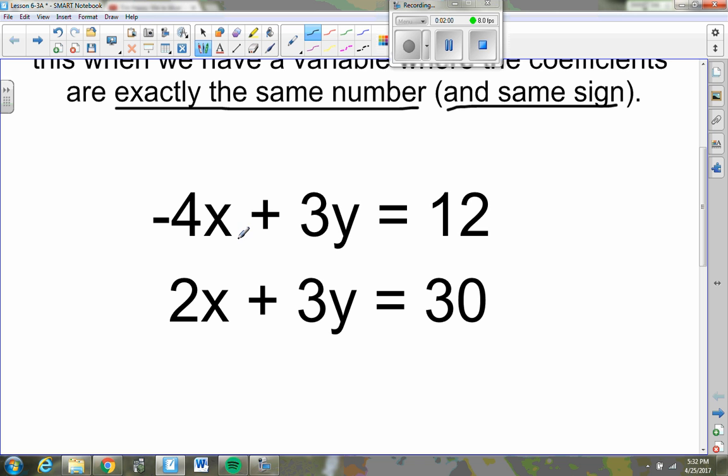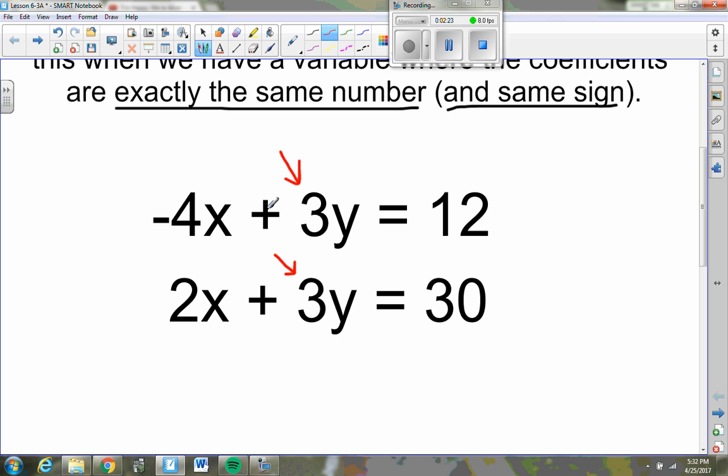In this case, the variable with the coefficient that's the same in both equations is the y, because right here I have a 3, and right here I also have a 3. Okay, but the thing we have to notice is that both of these are plus signs. Plus sign right here, plus sign right here.